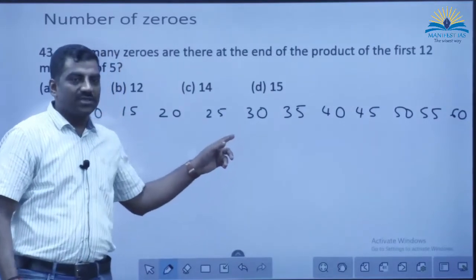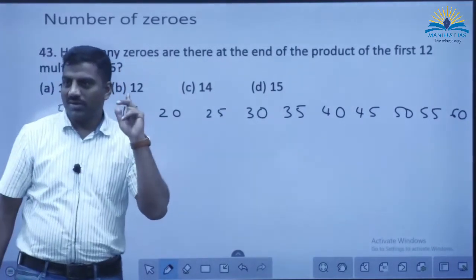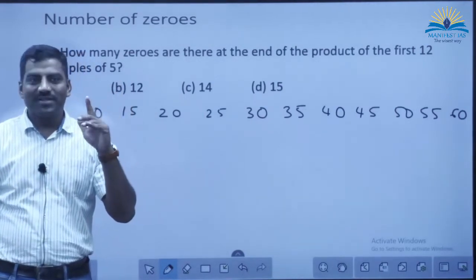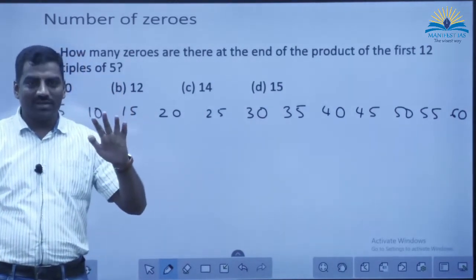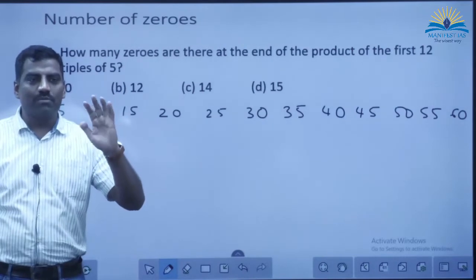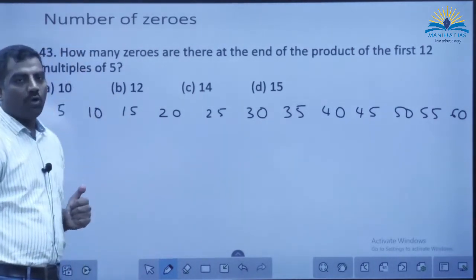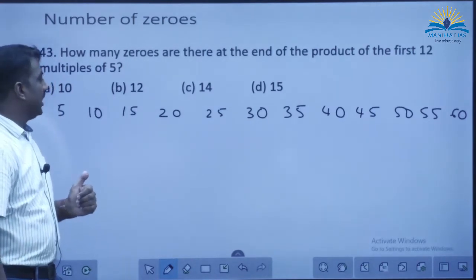If you do the product of this, you will need one night. If you are alive in the morning, you will get the answer. But let us not try that one. Let us look for the number of fives and number of twos here.